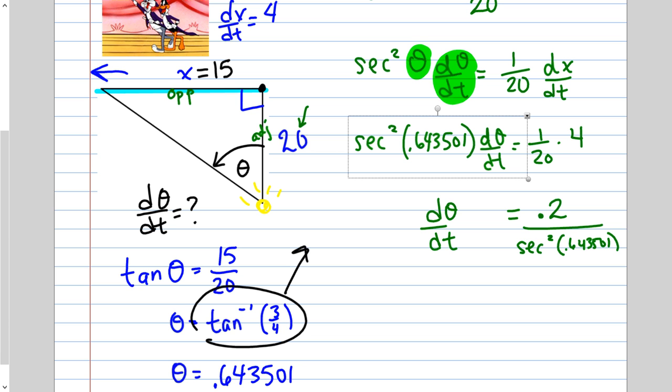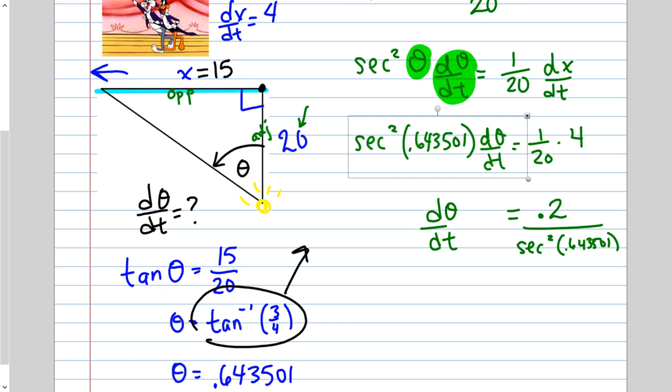Now, if you've ever looked at a calculator, there isn't really a secant button. There's only sine, cosine, and tangent. Well, just the basic calculators, right? But either way, make your life easier. Secant squared being in the denominator is a good thing because secant is the inverse of cosine. So secant is 1 over cosine, which means 1 over secant is just cosine.